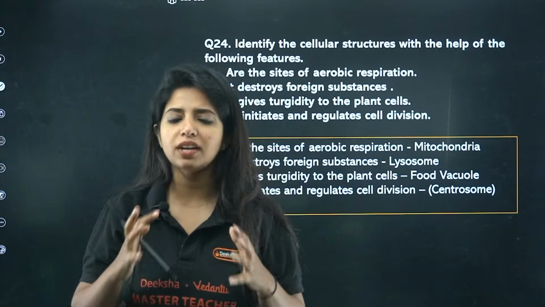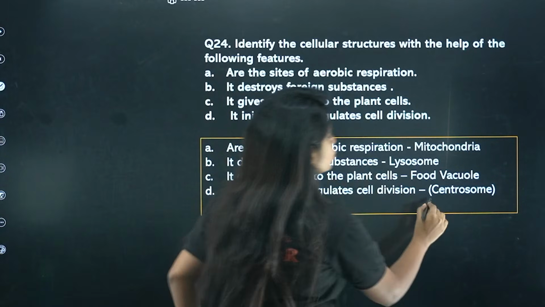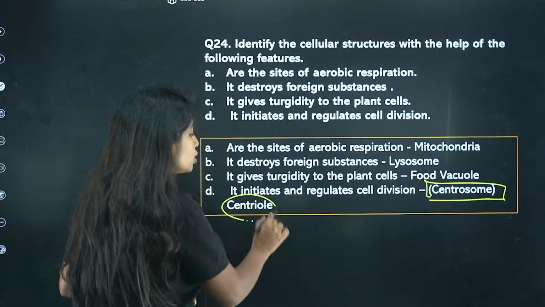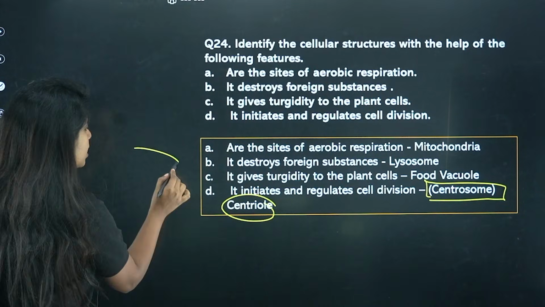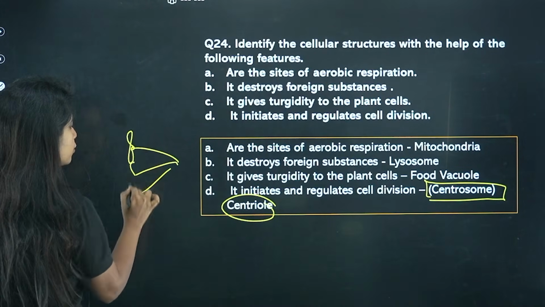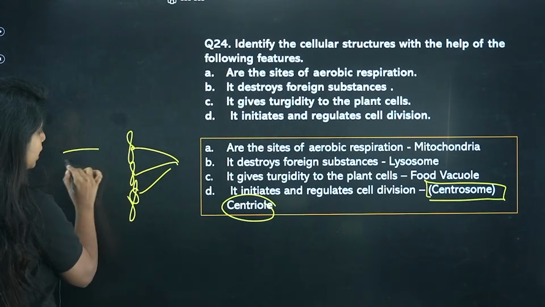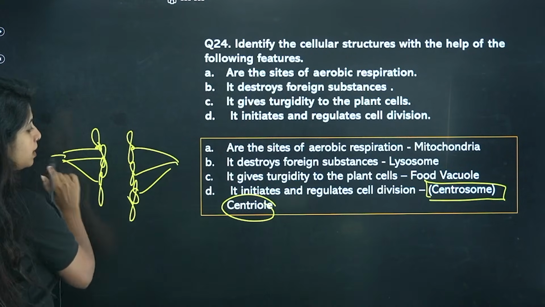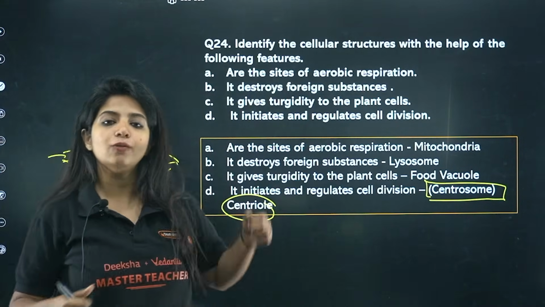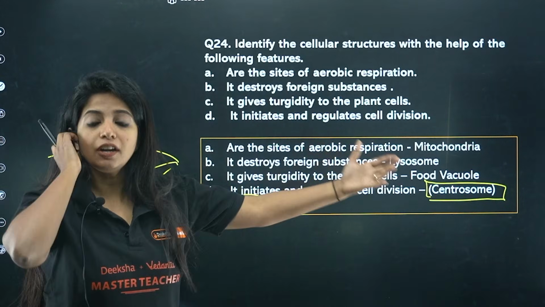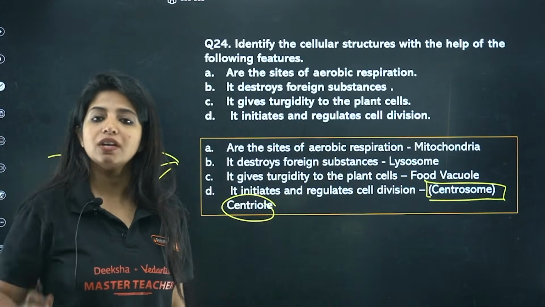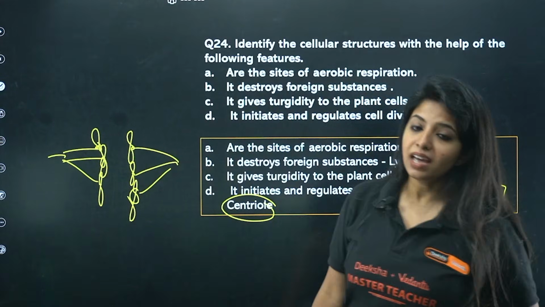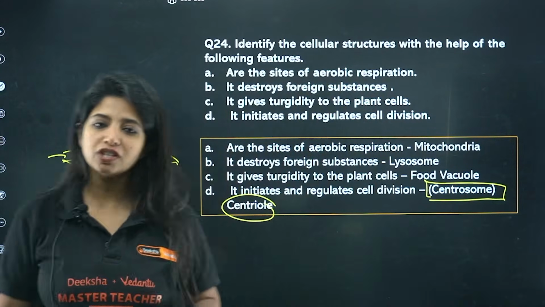You need one very important thing which is known as the centrosome. These centrosomes will have centrioles, which are responsible for the formation of spindle fibers, which are going to separate your chromosomes in two particular directions. They are like the ropes. Have you ever played tug of war? Both of them pull apart, right? Similarly over here also. So it's a centrosome, and in the centrosome you have centrioles, which help in the formation of spindle fibers, and yes, it definitely helps in the process of cell division as well.